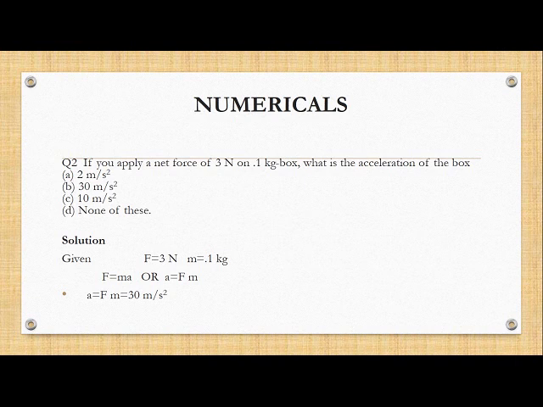If we put in all the values, we get a is equal to F upon m, and the answer is 30 meter per second square. Children, please, writing the unit is very important. Do not just write 30 meter, or 30. It has to be 30 meter per second square.